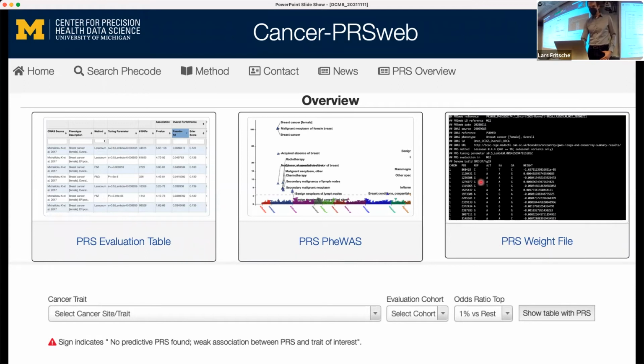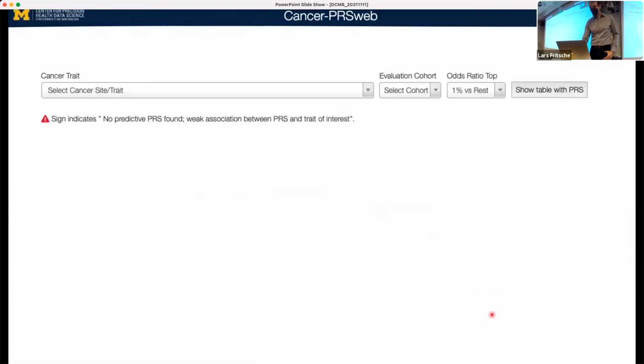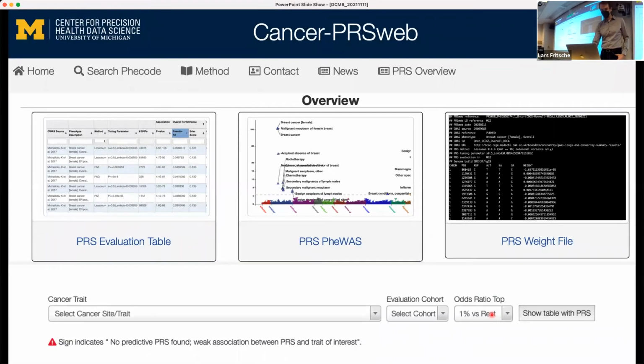And so these are live examples. If you click on one, you kind of see what's going on there. And the key entry point here is the selection menu, where you select the cancer trait, your evaluation cohort, and then, for example, the enrichment you're looking for, or the risk stratification.